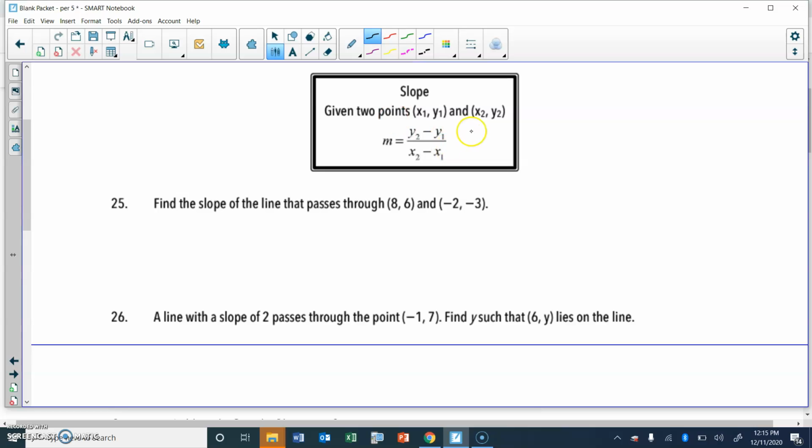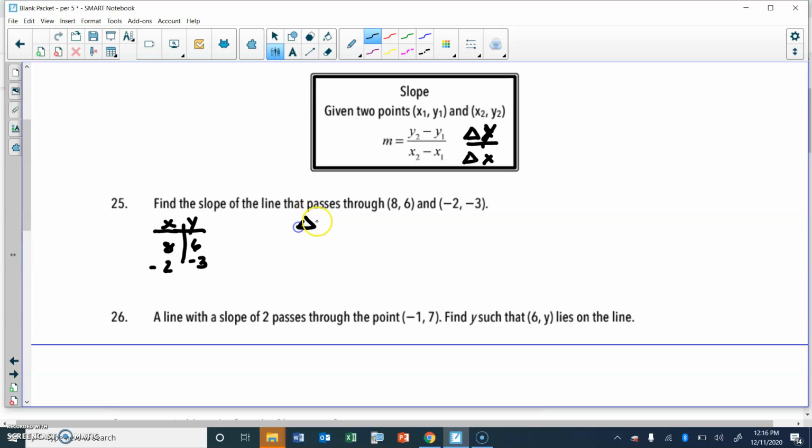The way I've shown you do it is change in y over change in x, which means we make a table. My first point is (8, 6), and my second point is (-2, -3).